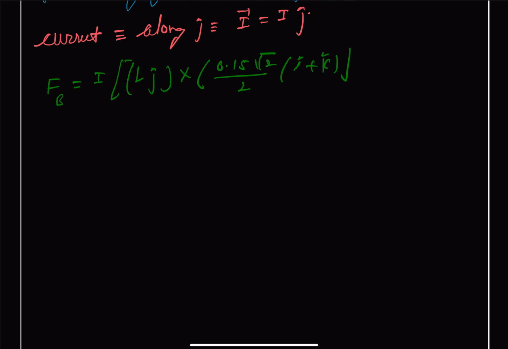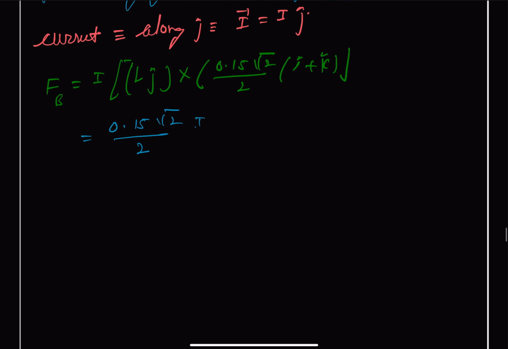The magnitude will be 0.15 square root of 2 divided by 2 times I times L, and we are going to have j cross i, which is minus k, and j cross k, which will be our i unit vector.